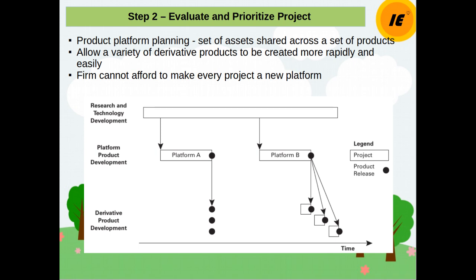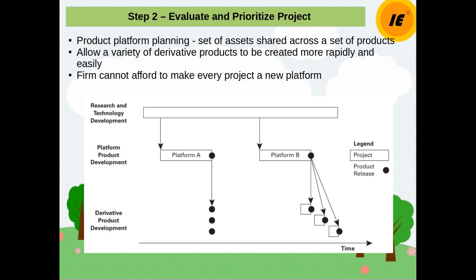Because platform development projects can take 2 to 10 times as much time and money as derivative product development projects, a firm cannot afford to make every product a new platform.